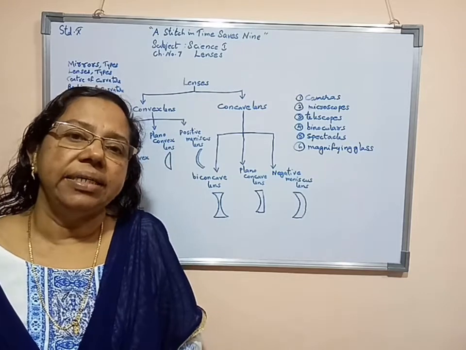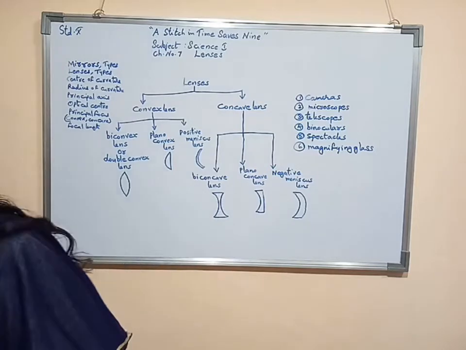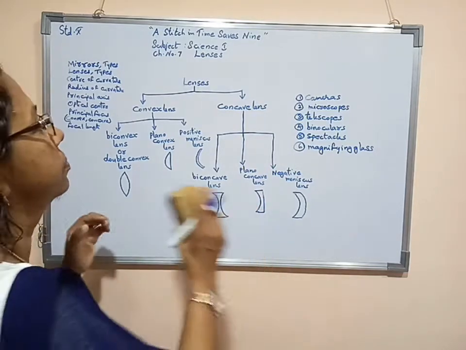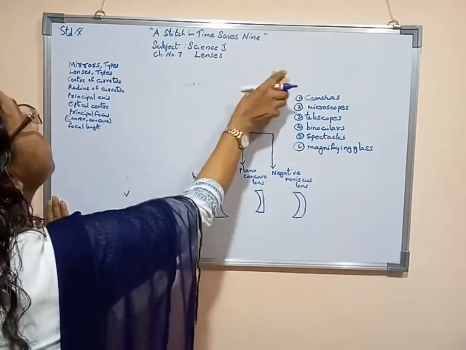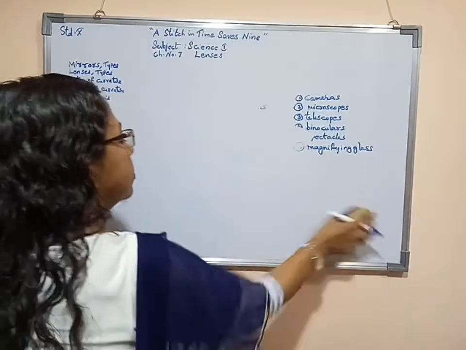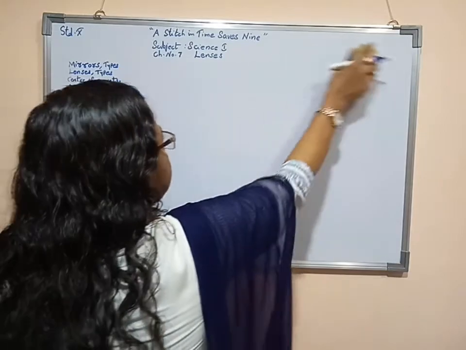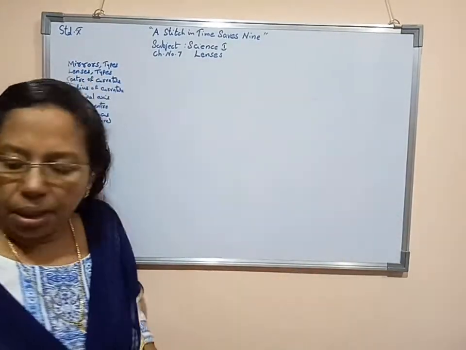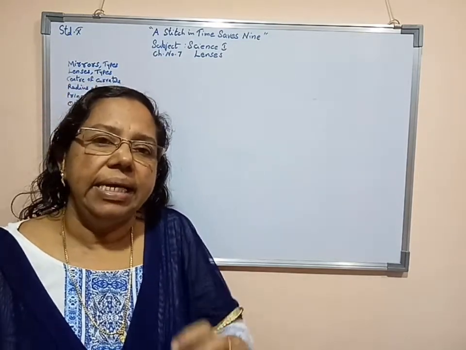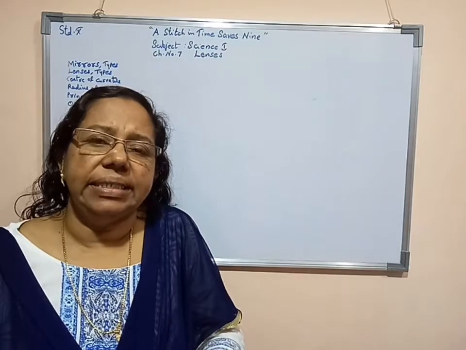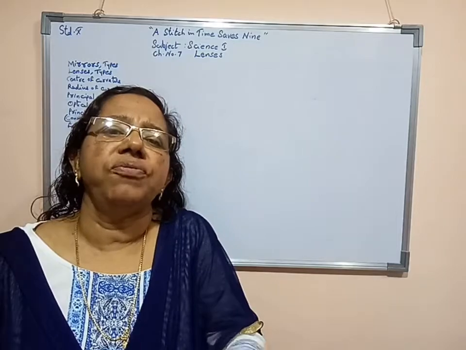Now we will study the parts or cross section of the lenses. If we take a convex lens, it is made of two parts of spheres.